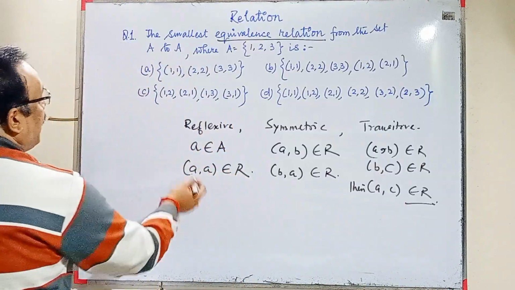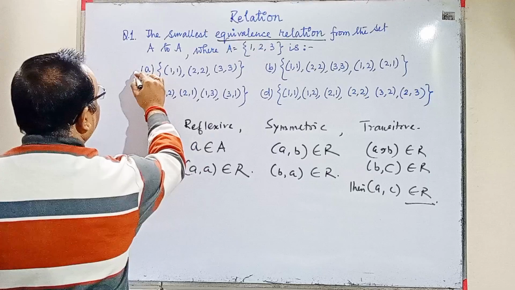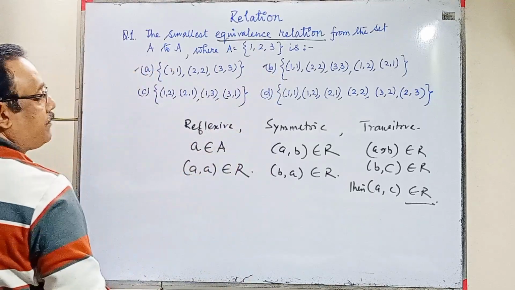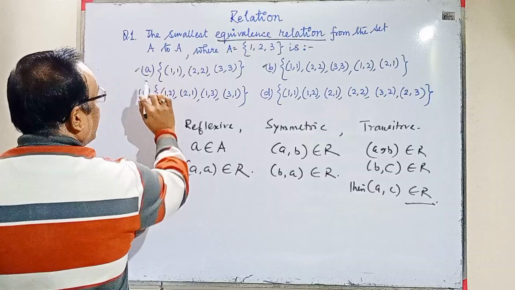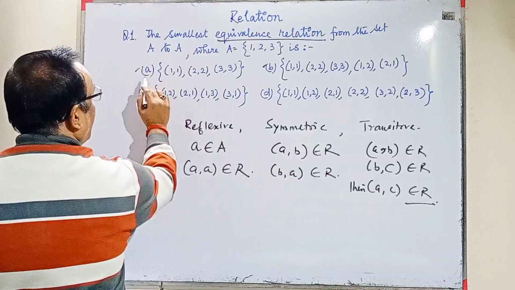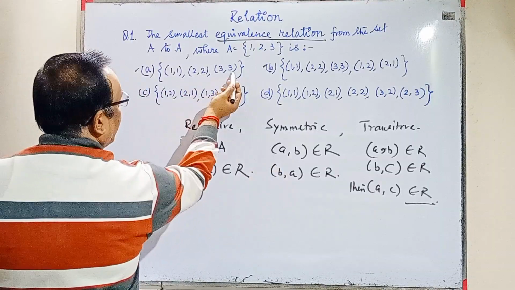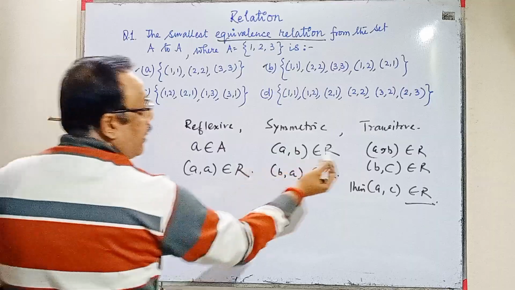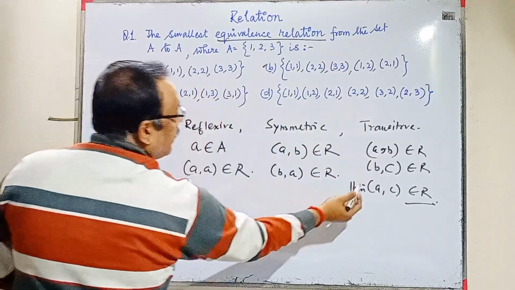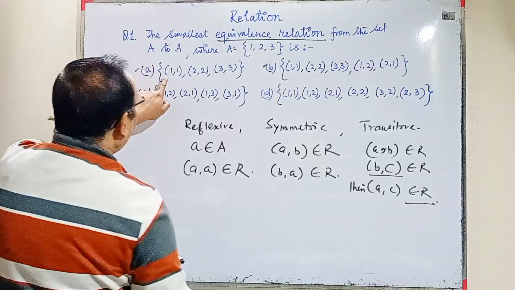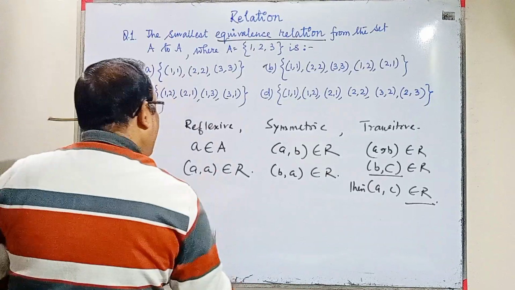So let's check. I have already checked that both this one and this one are reflexive. Symmetric: (a, b) reverts to (b, a). So (1,1) is there, (2,2) is there, (3,3) is there. In this one, (1,1), (2,2), (3,3), I am not getting a second pair condition, only (a, a).